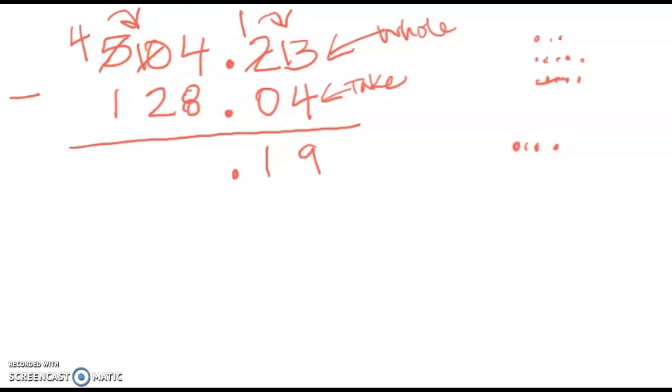So 10 tens minus 1 is 9. Give it to my ones, I have 14. Now I have 14. You should see my dots. I have 14 dots. I'm taking away 8. I have 6 ones left.